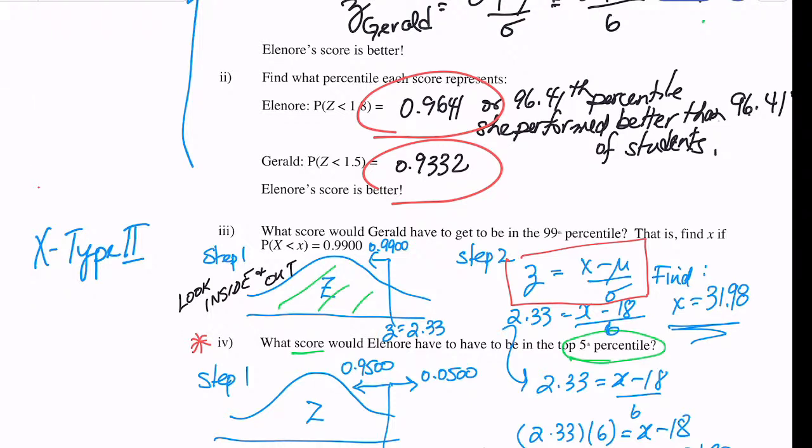So I'm going to continue over here. So this is the drawing. We know it's the top 5%, so that corresponds to the 95th percentile. This is what I verify inside the table. The 95th percentile.